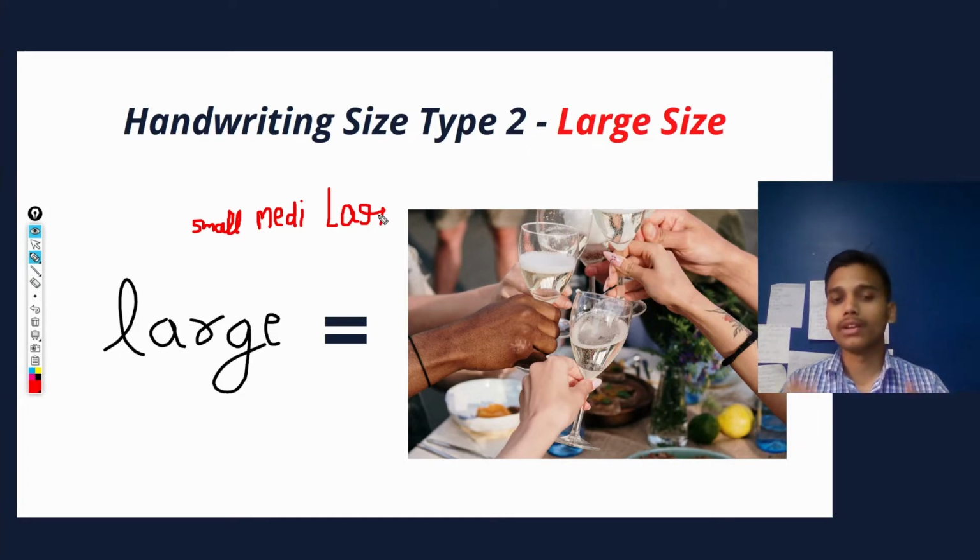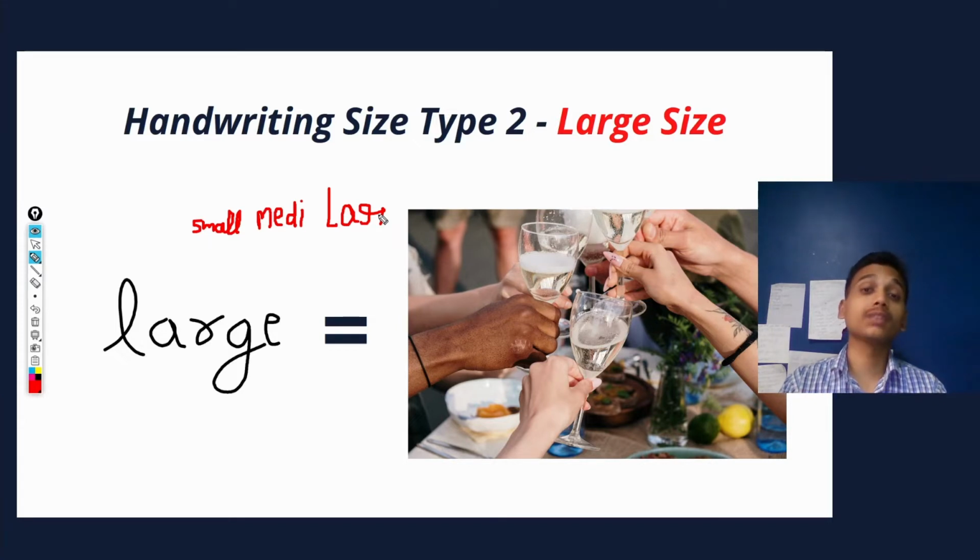Well, if you ask me, normally we write large size to gain people's attention, right? Why? Because, for example, let's take a look at terms and conditions. If you have watched any ads on TV or anywhere, when you sign up for something, you often see the terms and conditions written very small. Do you know why? Because it is written small to avoid your attention.